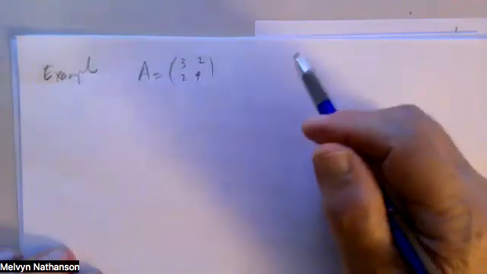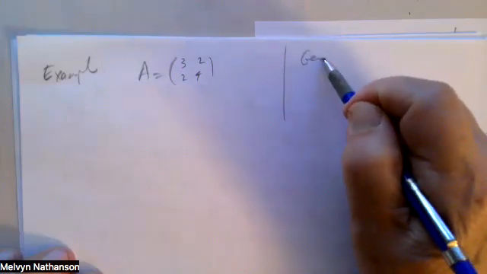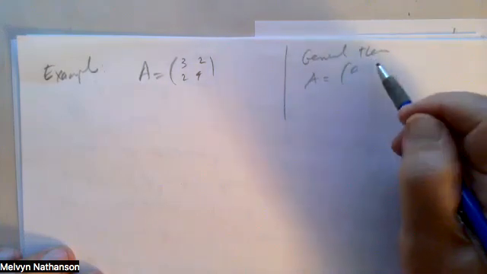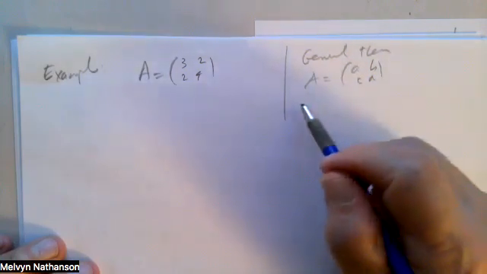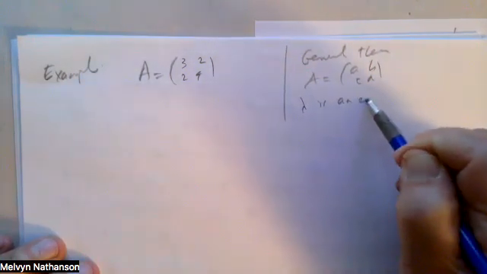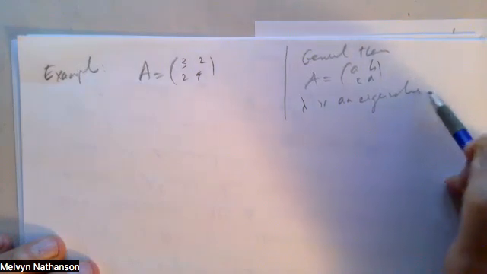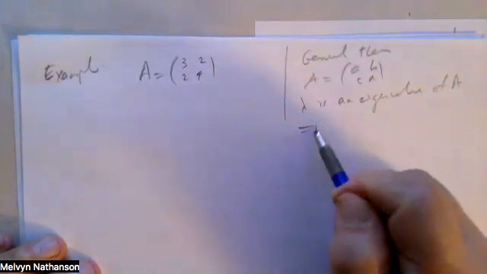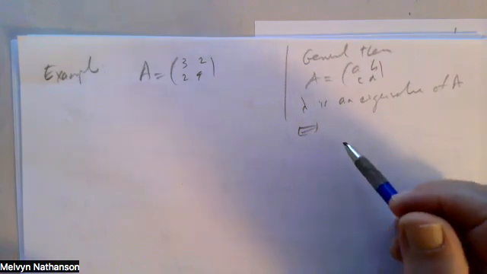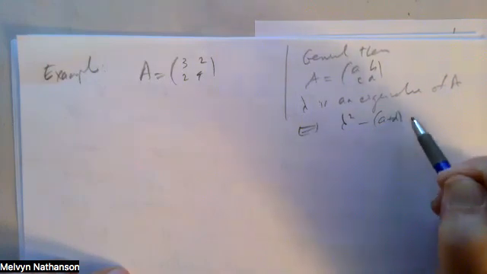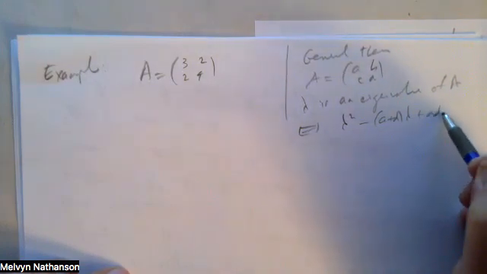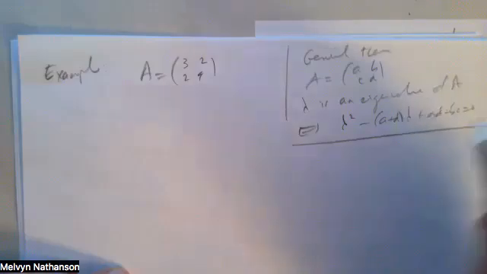So we already know, this is just the general theory: if A is the matrix a, b, c, d, in general an arbitrary 2 by 2 matrix, lambda is an eigenvalue of A if and only if lambda is a root of the quadratic equation lambda squared minus (a plus d) lambda plus ad minus bc equals 0.